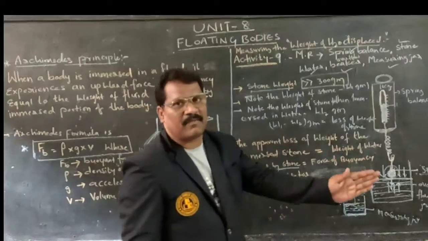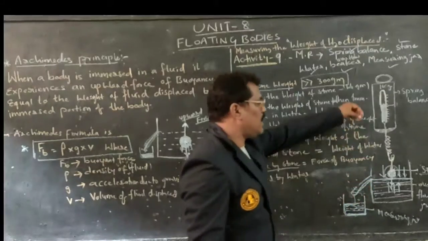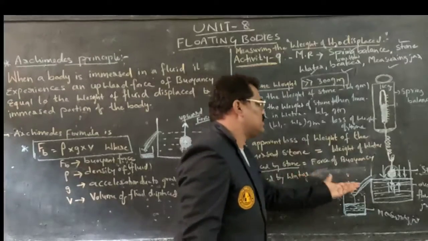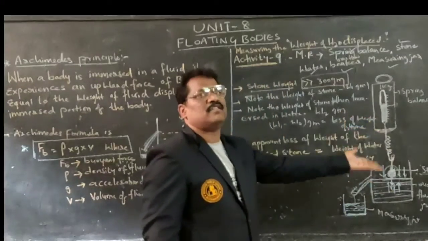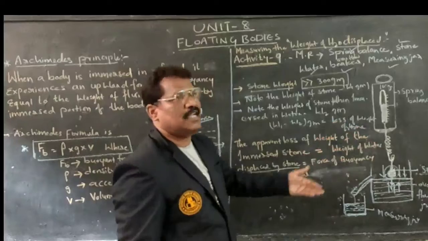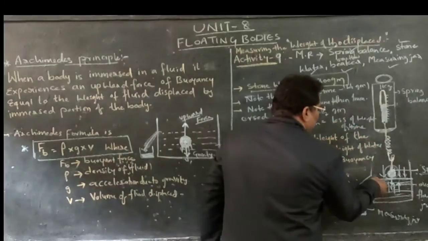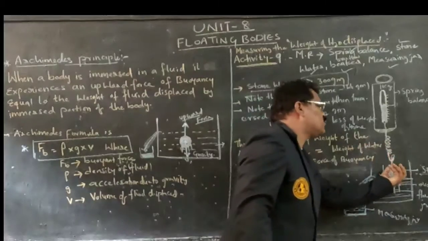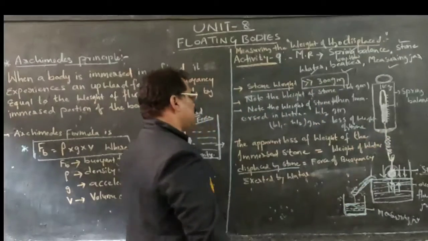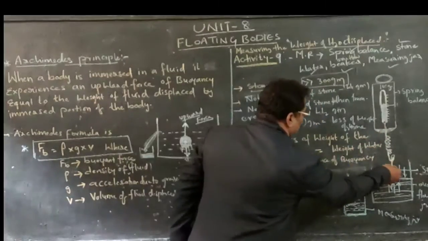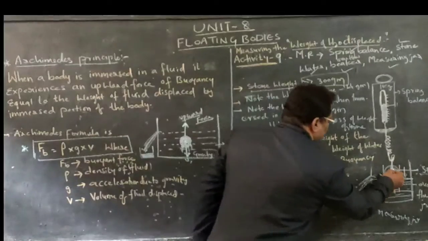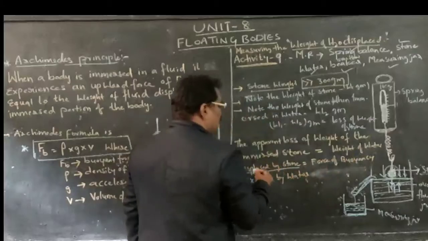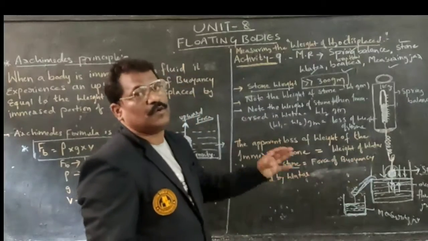Is water being displaced by the stone or not? As we immerse the stone into the water, by means of what force is it displaced? Buoyant force. By means of the buoyant force acting upon the object, water falls outside and the object's weight is reduced. Therefore, the apparent loss of weight of the stone is equal to the weight of the water displaced by that stone.